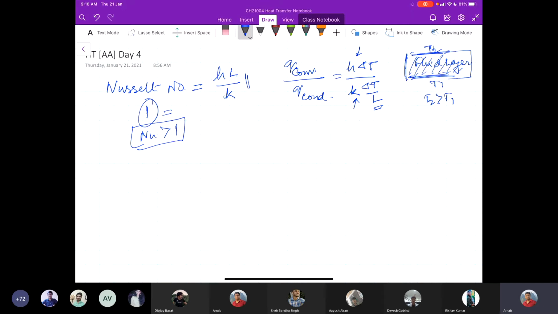Now, if you remember, the mechanism of convection heat transfer is that it is the combination of advective heat transfer plus conduction heat transfer. So in the numerator, you have advection plus conduction divided by conduction. So it is 1 plus some component. Now, if the advection is 0, it becomes a minimum value of 1.